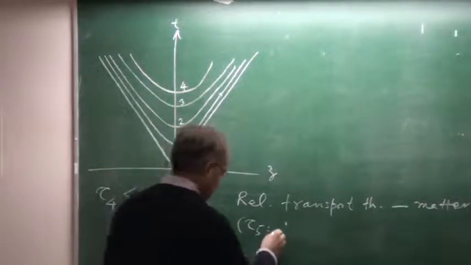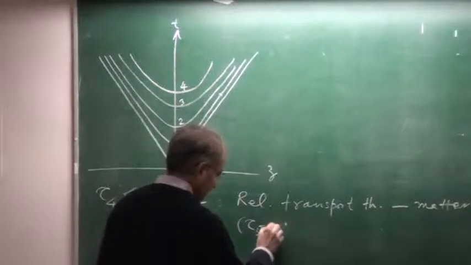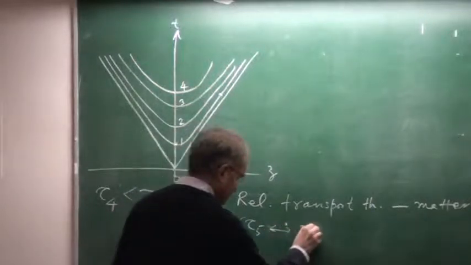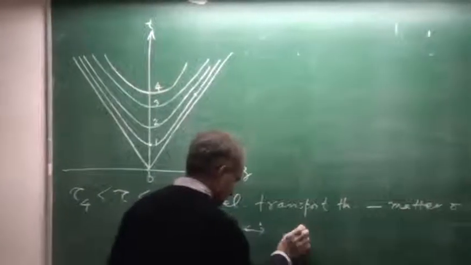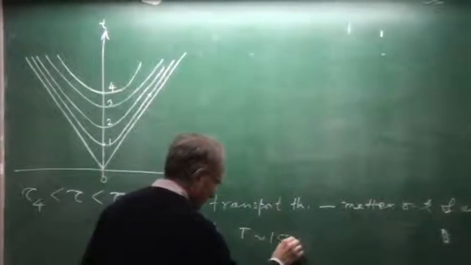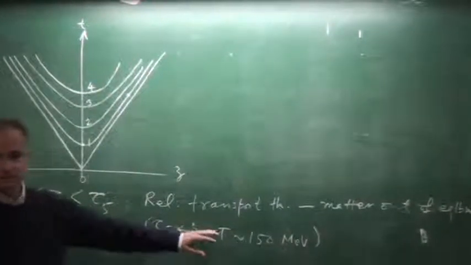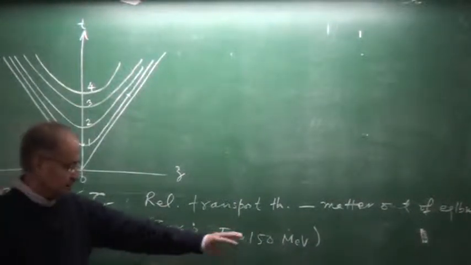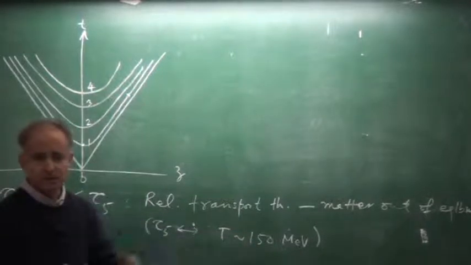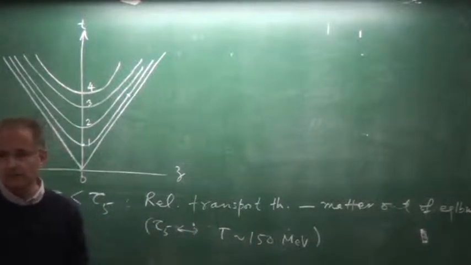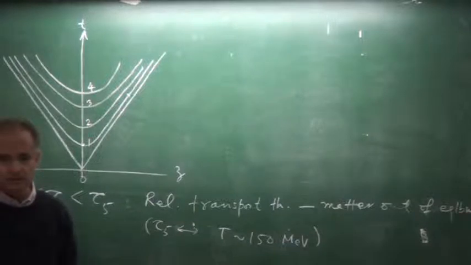So this corresponds to approximately temperature 150 MeV. Again, these are all fitted numbers and not very sacred numbers. It depends on what model you are making for simulating the whole process.